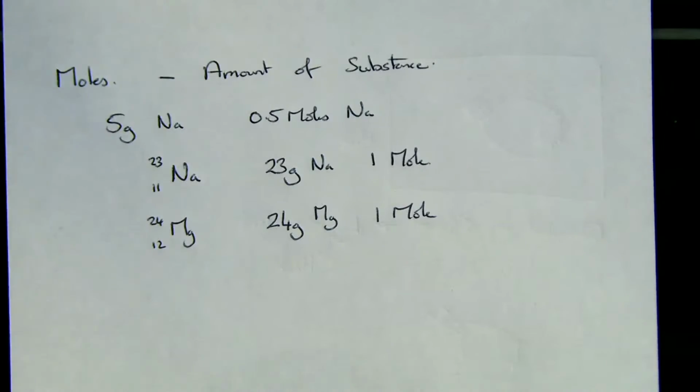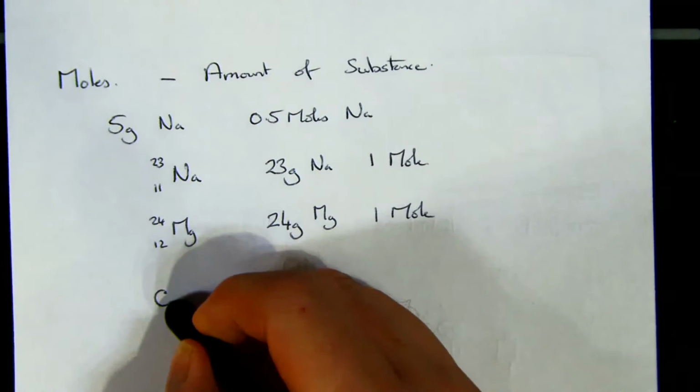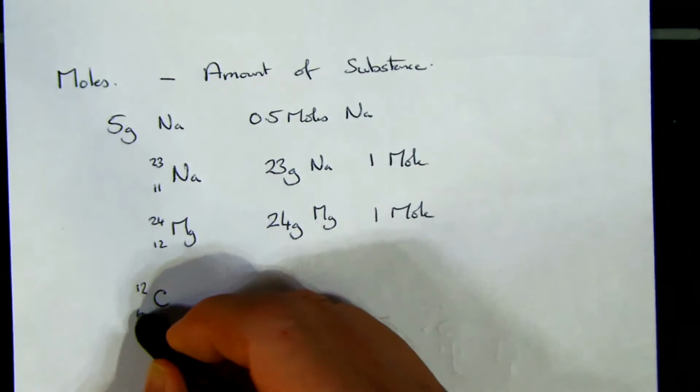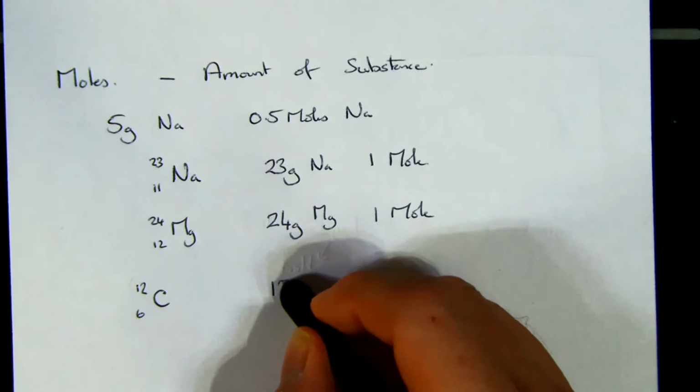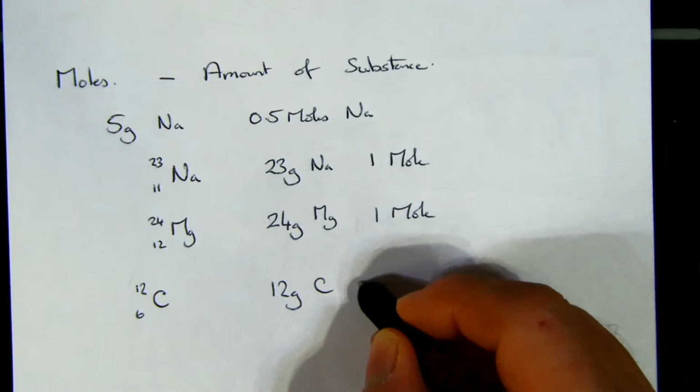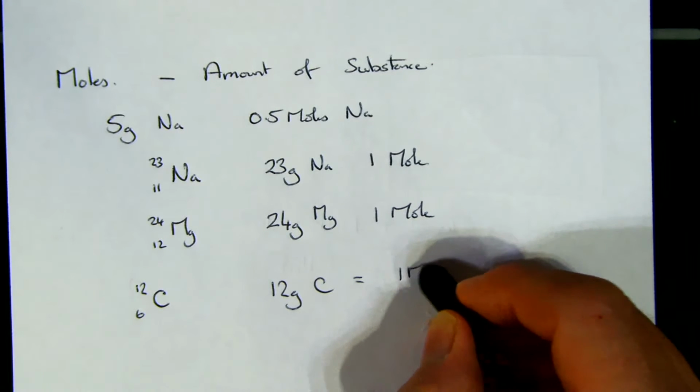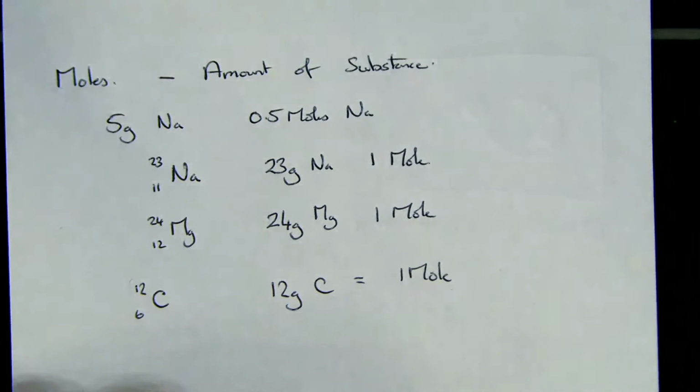Now, if we look at the structure of carbon, carbon 12, 6, here we're using the top number, so we've got 12 grams of carbon here equals 1 mole.